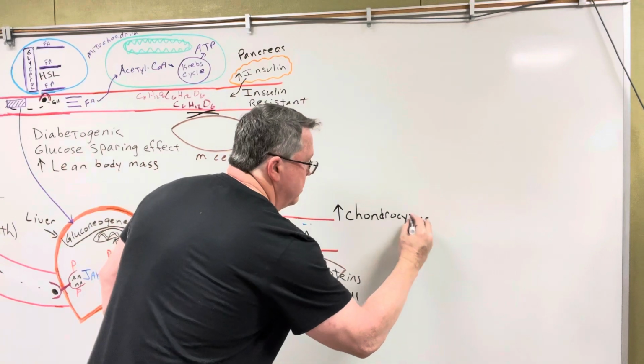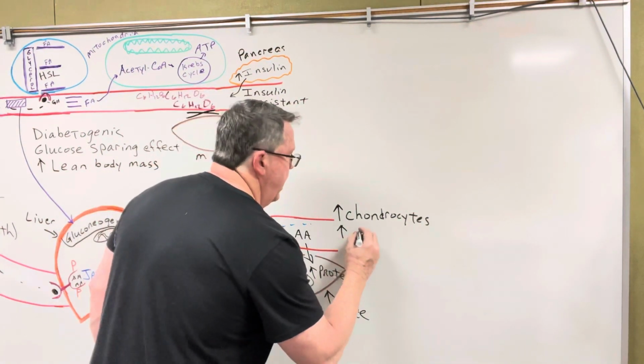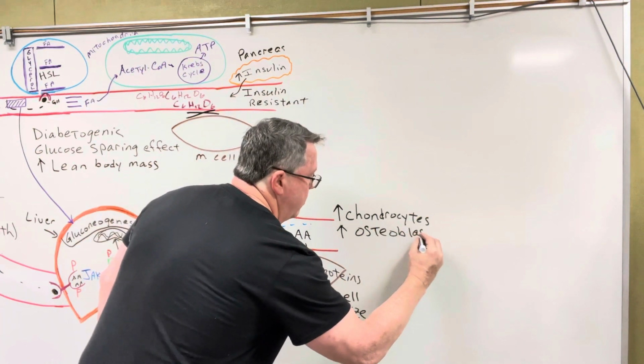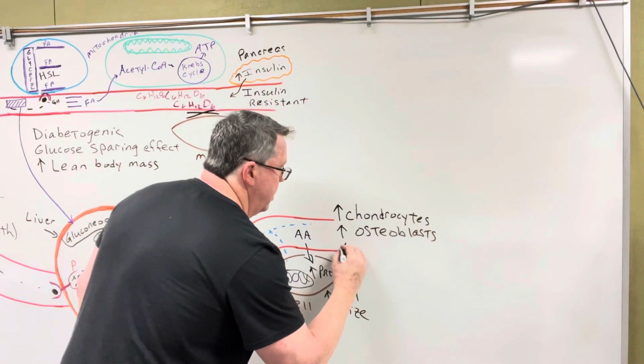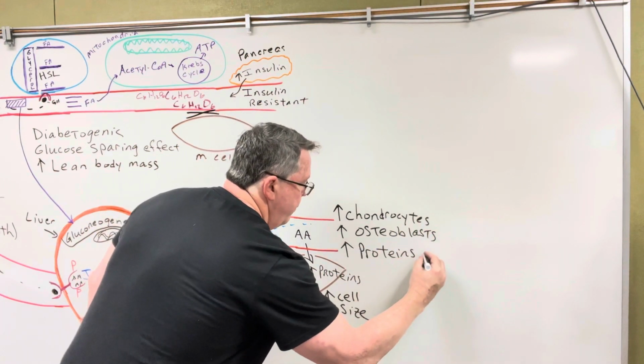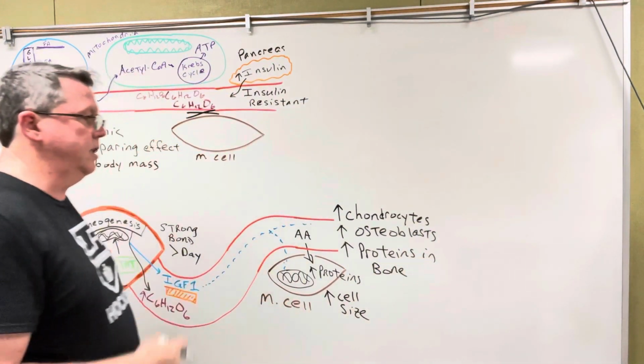And chondrocytes basically are responsible for making cartilage. It's going to cause an increase in osteoblasts. Osteoblasts are going to make bone. It's also going to cause an increase in proteins put into bone. An example would be cartilage or proteoglycans and things such as that.